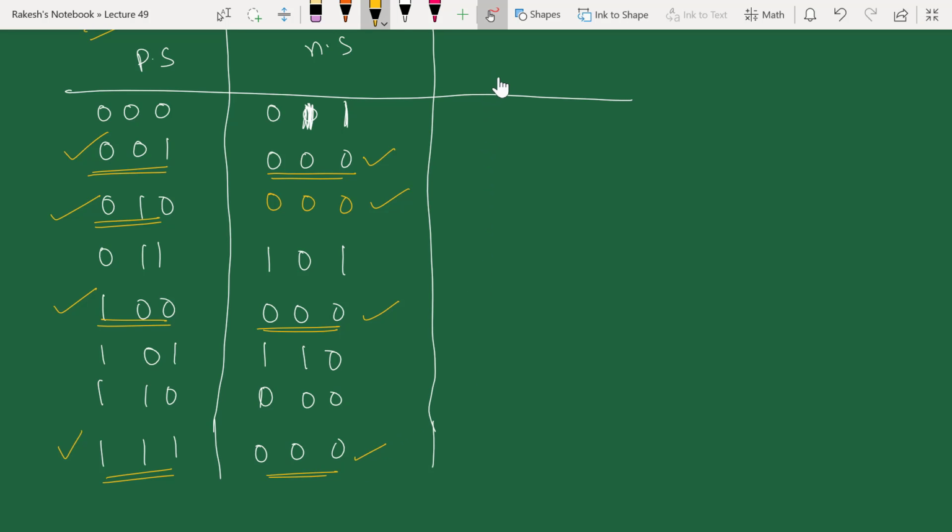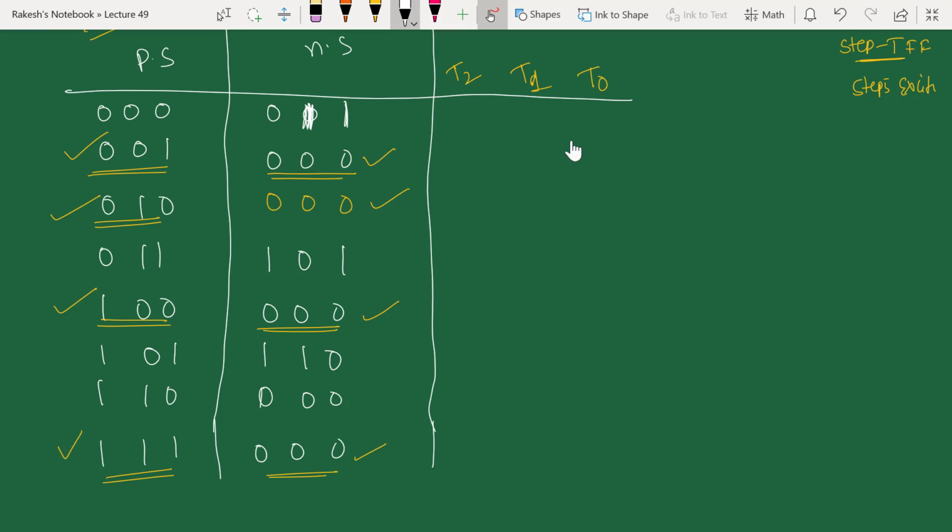Now I am going to consider step number 4. In step number 4, I am considering T flip-flop again for simplicity. And in step number 5, I am going to write the excitation table, that is nothing but the required T inputs for the given transitions, T0, T1 and T2. Let's make it.